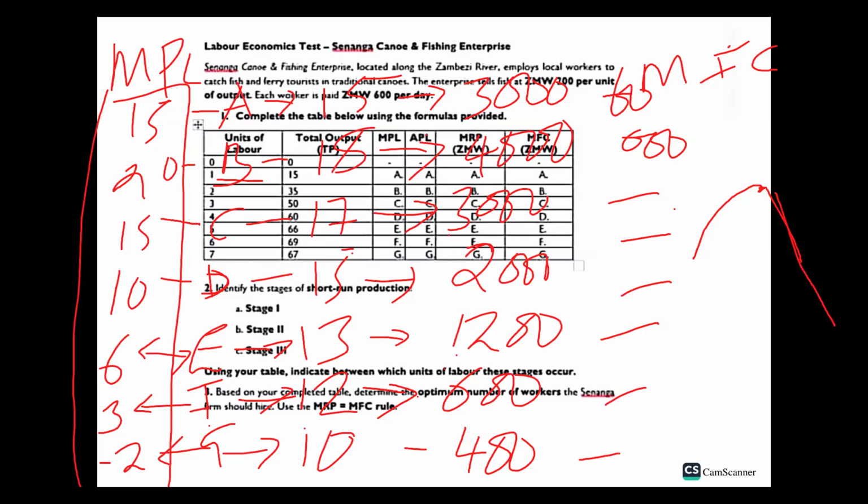Where it is positive but it is decreasing. From which unit? 15 and 10. Right, you can mention the unit numbers. It is decreasing but positive, still positive. They want you to state the units, not the marginal product.